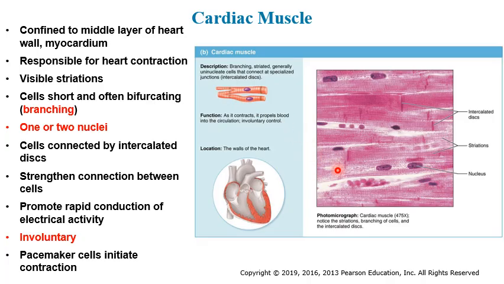They form little branches, and you tend to have either one nucleus or 2 nuclei per cell. So it's not multinucleated. And they tend to be branched, and also they are involuntary. Cardiac muscle is not voluntary.